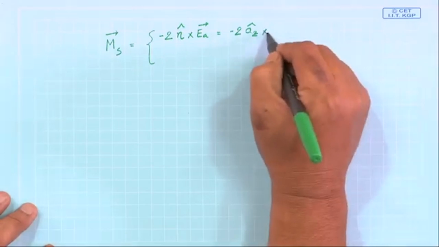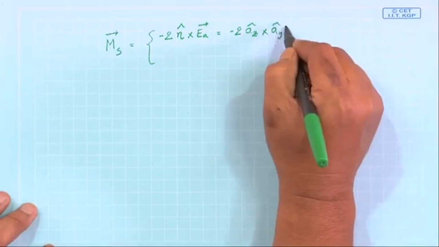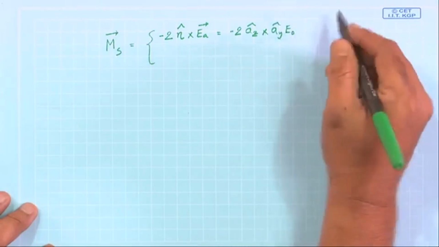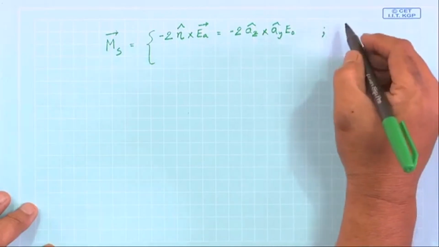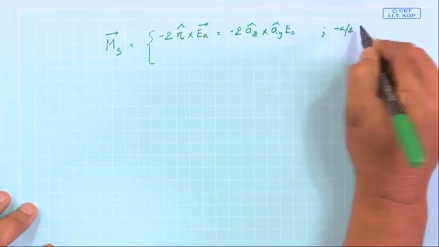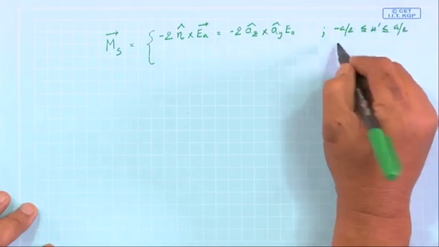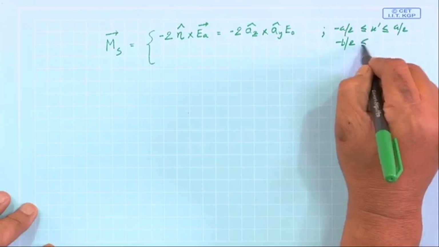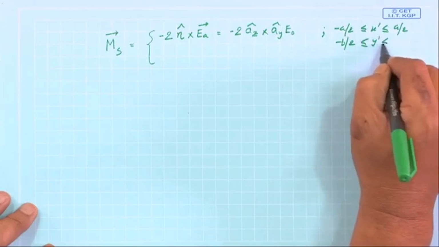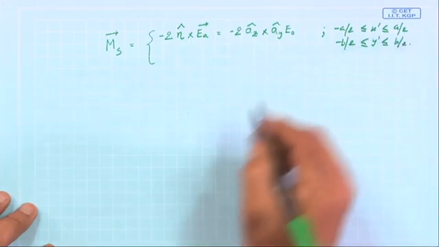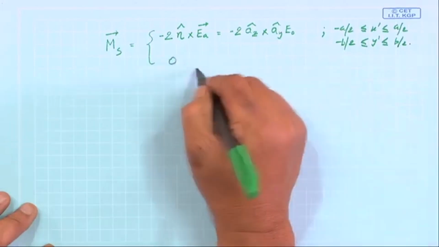So, A z cross A y is the x direction. You can write the region where this is valid, and 0 elsewhere.